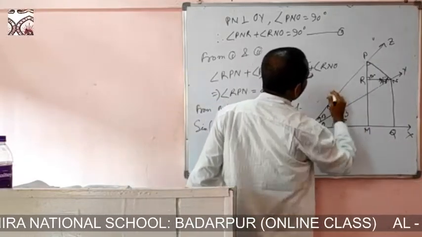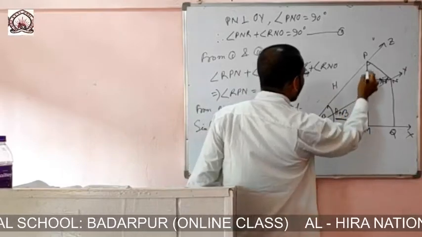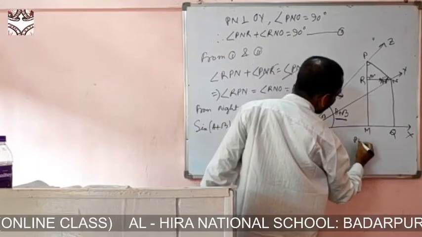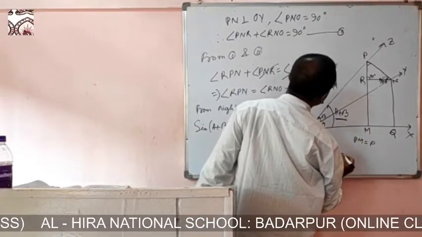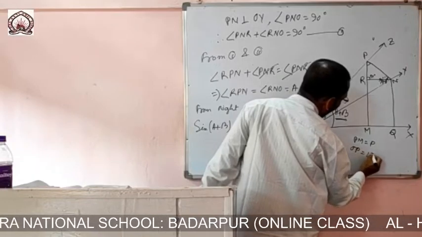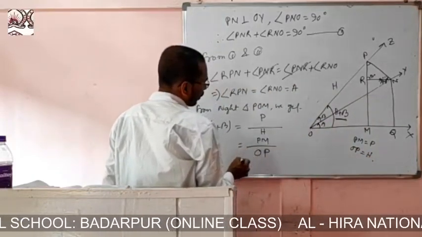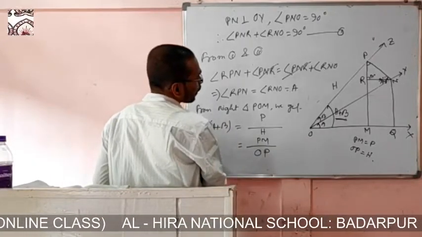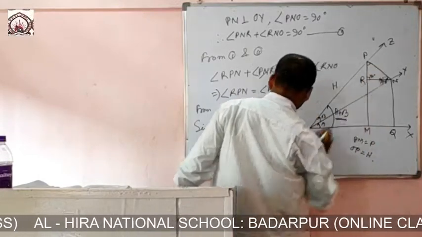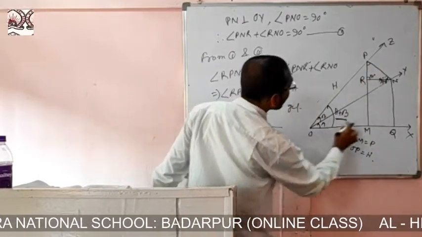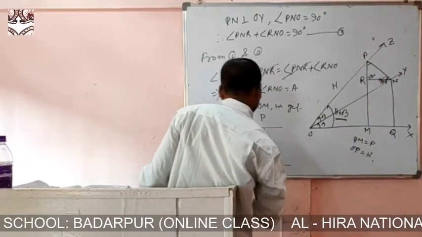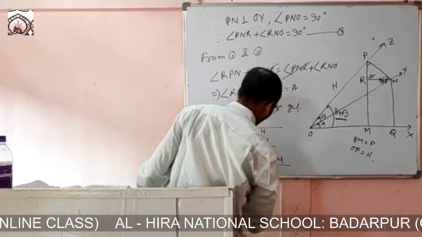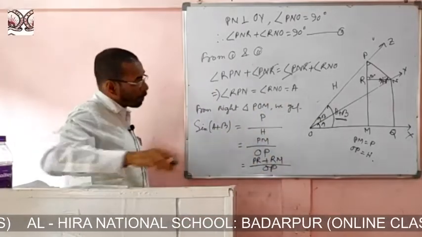This OP is hypotenuse, and PM is perpendicular. This PM we can write from the figure. You see, PM is PR plus RM, so PR plus RM by OP.